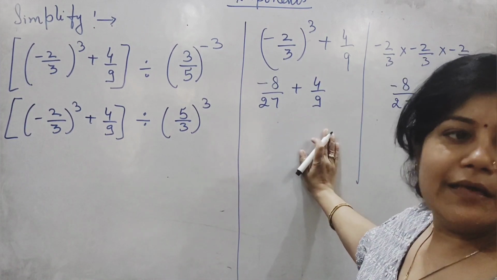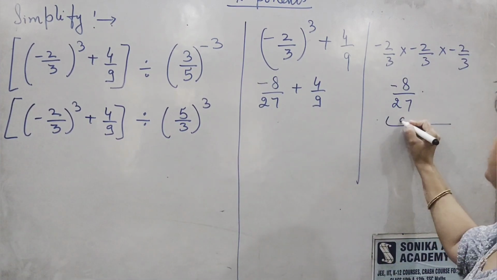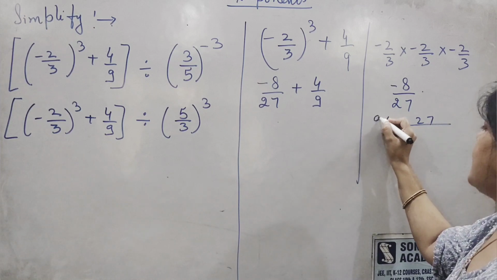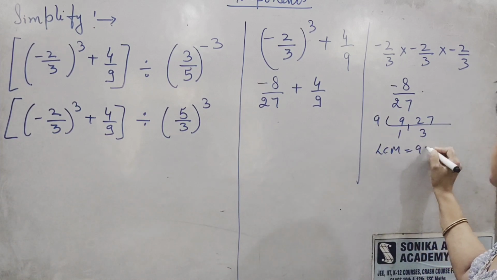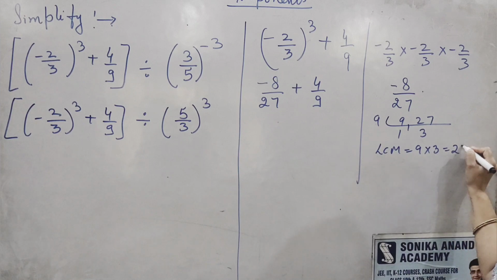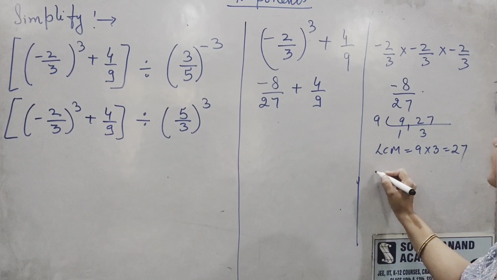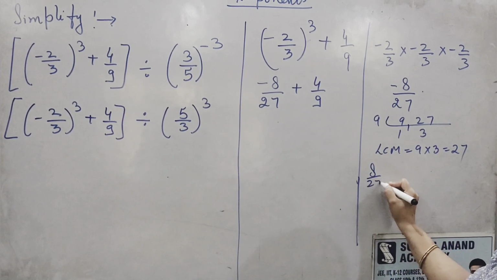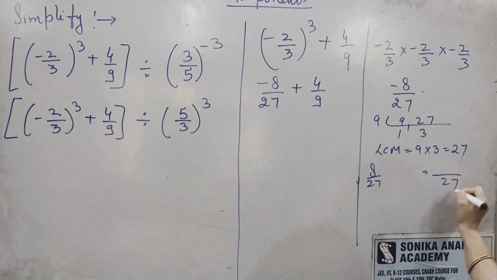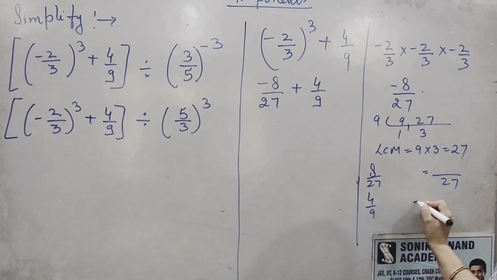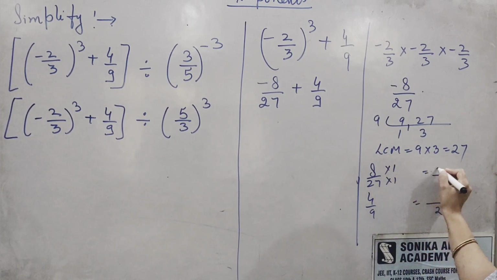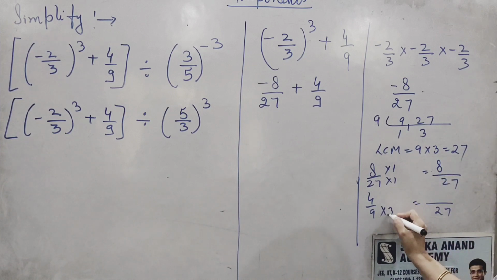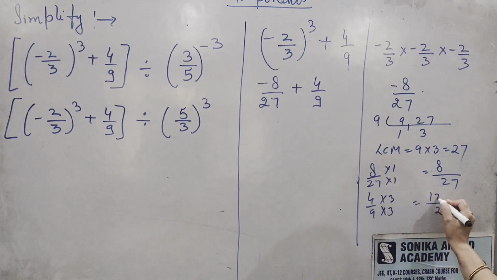Now find the LCM of 9 and 27. 9 ones are 9, 9 3s are 27. So LCM is 9 into 3, which is 27. Okay? Now we rationalize. 8 by 27, here it is 27. 4 by 9, here it is 27 after multiplying by 3. So 8 ones are 8. 4 3s are 12.